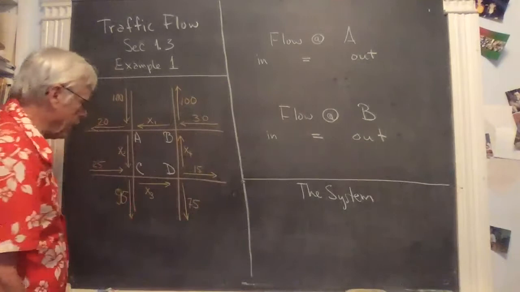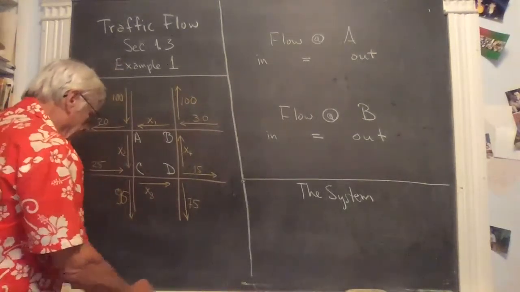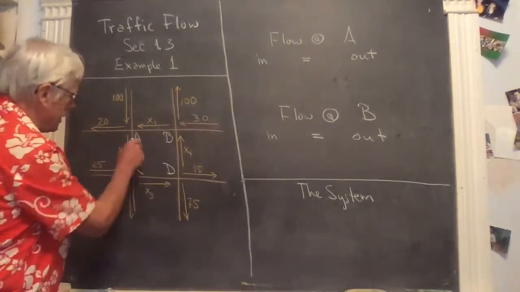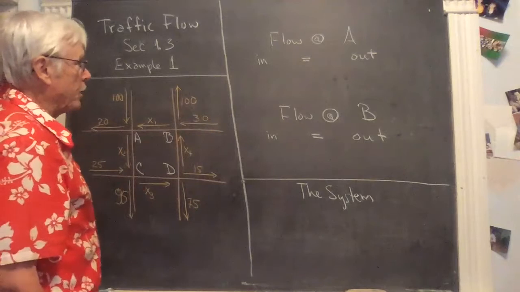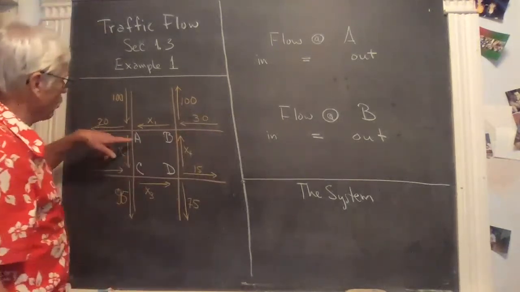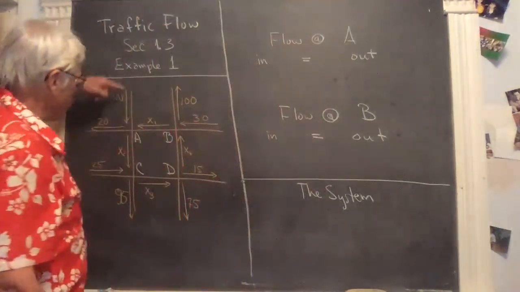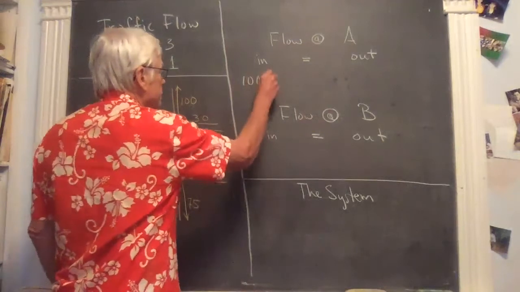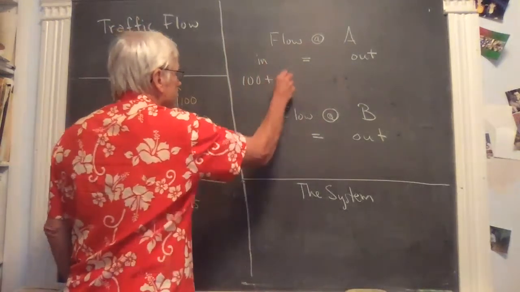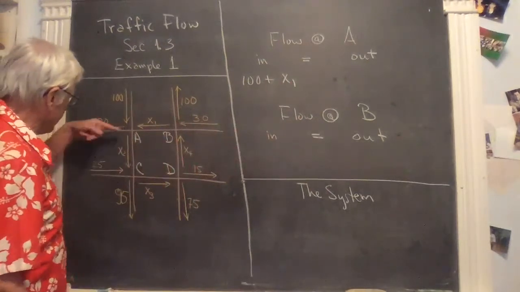So we want to solve the equations that we get as we balance the traffic at each of the intersections. So in order to balance the traffic, for example, at flow A, the incoming traffic is 100 and X1. And the outgoing traffic is 20 and X2.